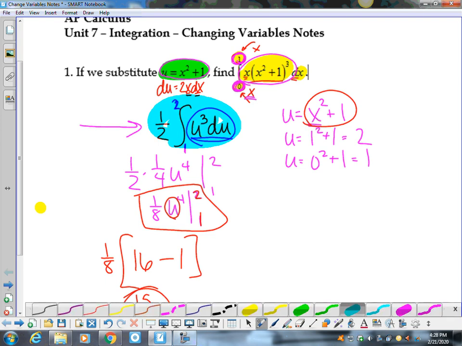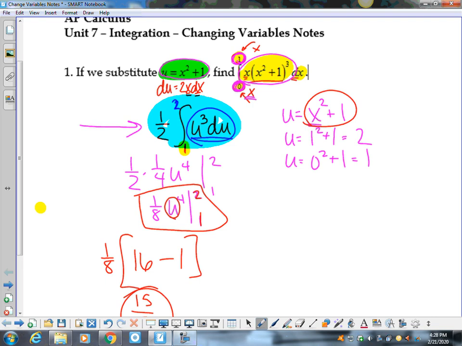But the kicker is you have to change your upper and lower bounds from 0 to 1 to 1 to 2, because the 0 to 1 was in terms of x's and the 1 to 2 is in terms of u. Once you change those upper and lower bounds, you don't ever go back to x's because it's all in terms of u now.